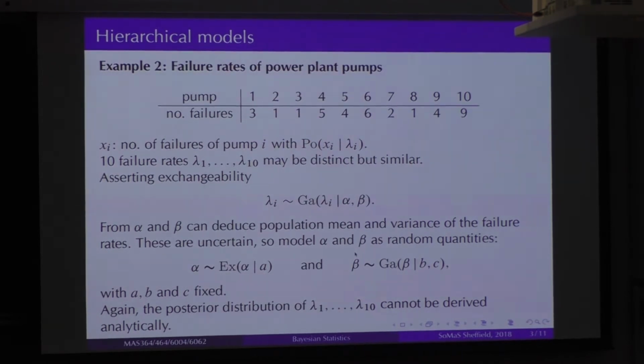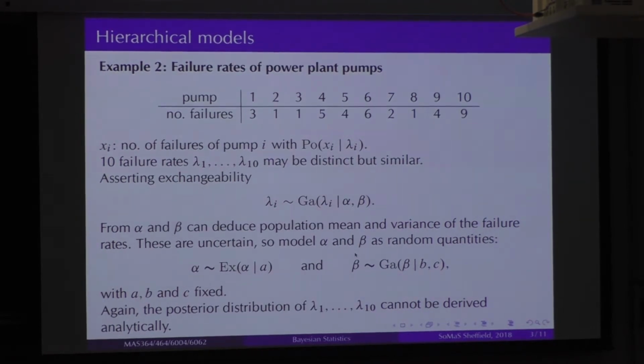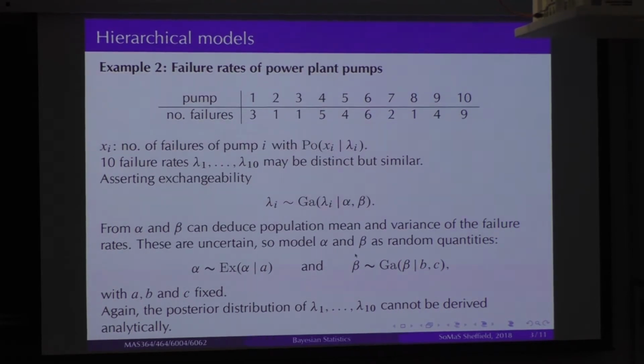We have pumps in a power plant that allegedly are similar. They come from the same manufacturer, they have been given the same maintenance and so on. So they are sort of similar, but they're different, okay?